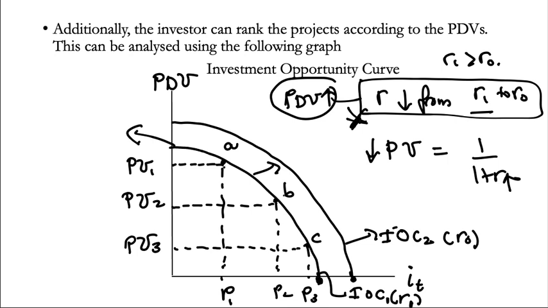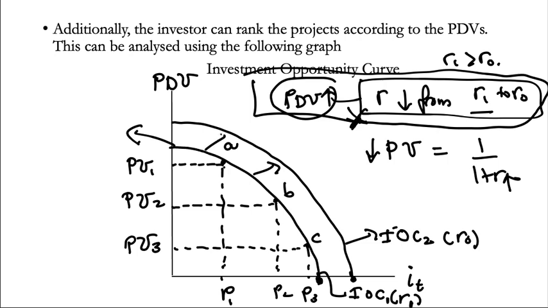From point A, B, and C is movement along the curve. It has negative relationship between PV and also investment amount. Can you figure out why we have this negative relationship? And can you figure out the economic intuition of this shift to the right in IOC curve?